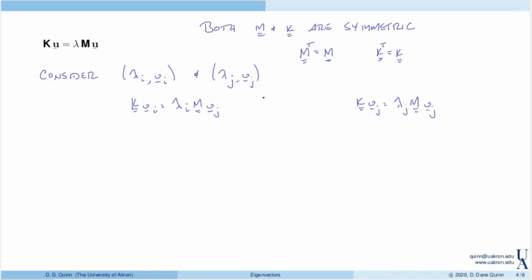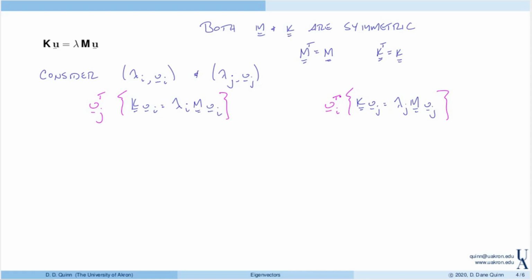This is our eigenvalue problem for both of these. So now what I'm going to do is pre-multiply this one by uj transpose, and I did write this index as j, and it should be i. While for this next set, I'll pre-multiply by ui transpose.